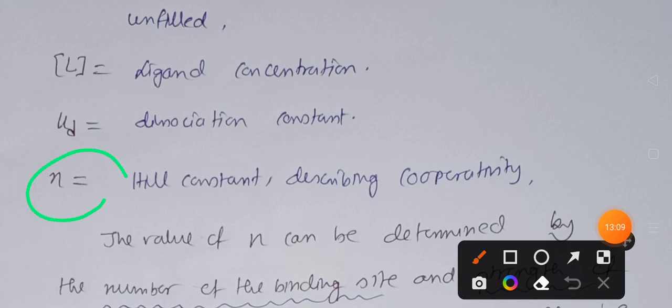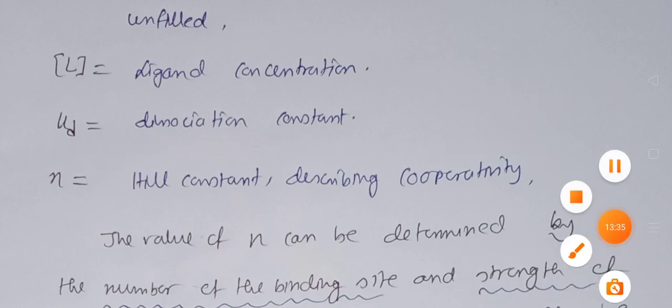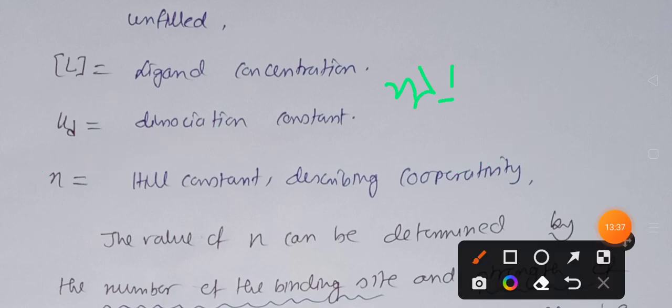And this n describes the concept of cooperativity, because if the value of n is greater than 1, remember that particular enzymatic reaction will show positive cooperativity. Sorry for that, when n is greater than 1, the enzymatic reaction shows positive cooperativity.